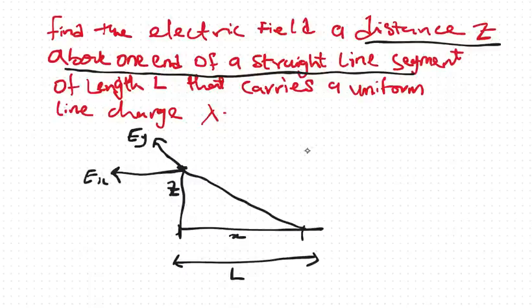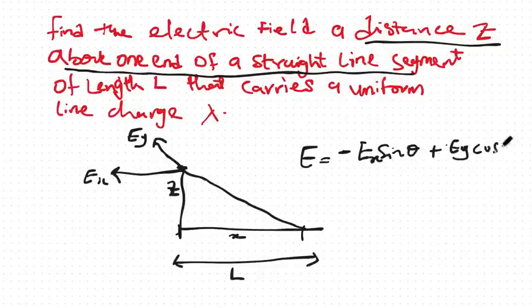So the total electric field E will be equal to, because this is in negative direction, negative EX sine theta plus EY cos theta. So if here is z, x and this should be R, we can believe that R is the square root of x squared plus z squared from Pythagoras theorem.